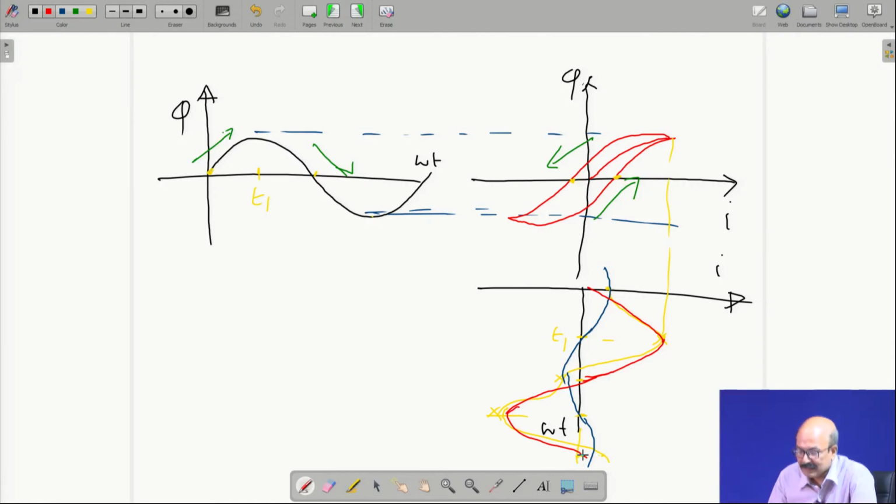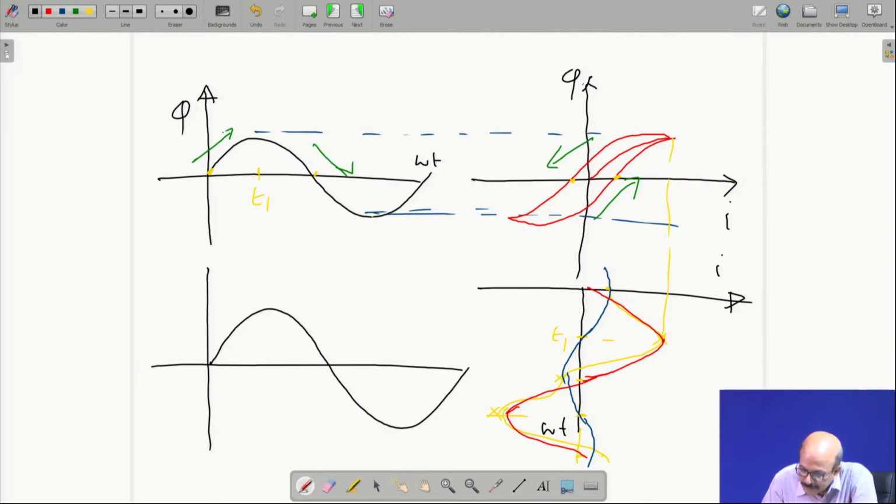But what is essential is, if I draw everything here, you can see this is your original flux, and there are two components of the current. One component, the red component, is in phase with the flux, you can clearly see.